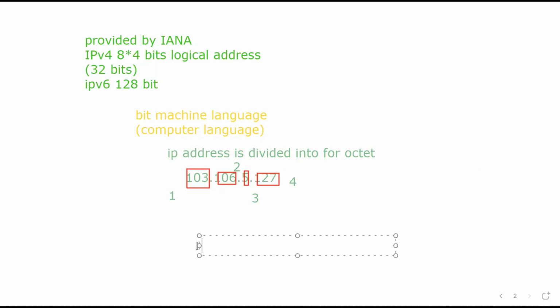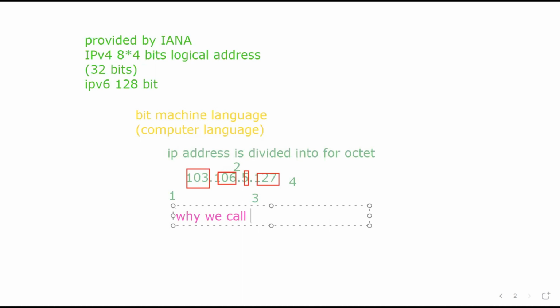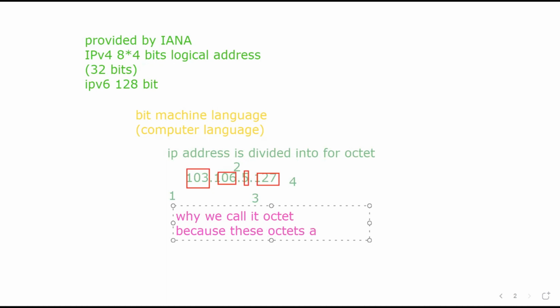Another question: why do we call it an octet? Because these octets are a combination of 8 bits.